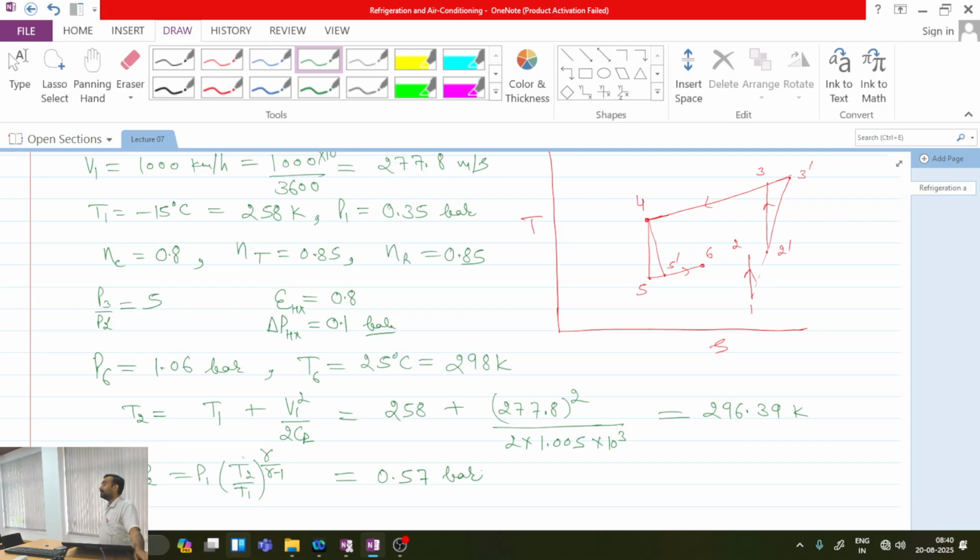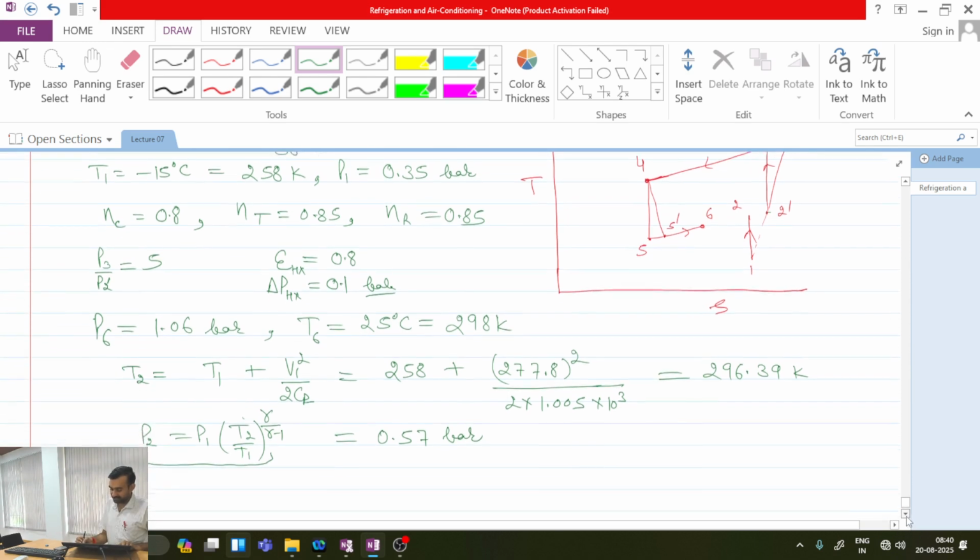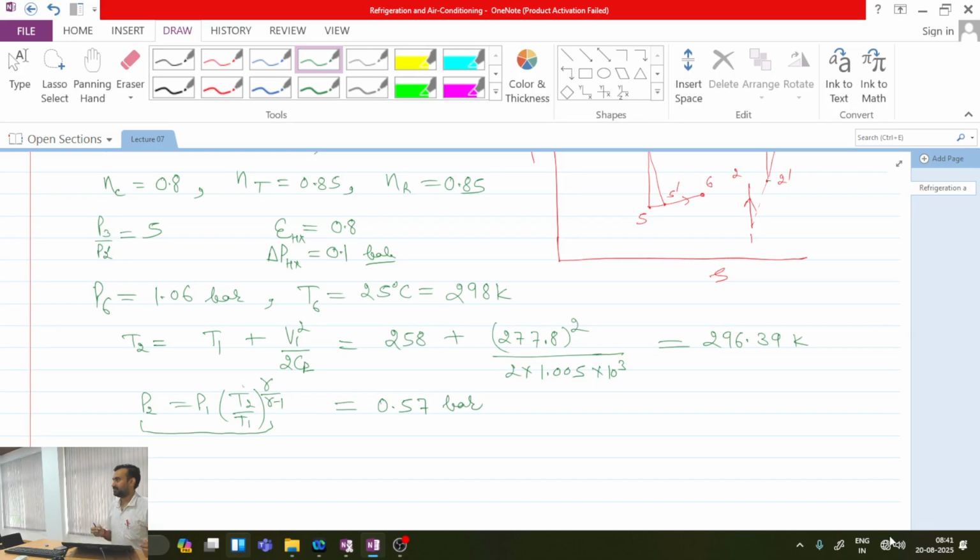But the actual point is what? P2 dash. Because the process is not isentropic, and this is valid only for an isentropic process. So now what additional information do I have? RAM efficiency.